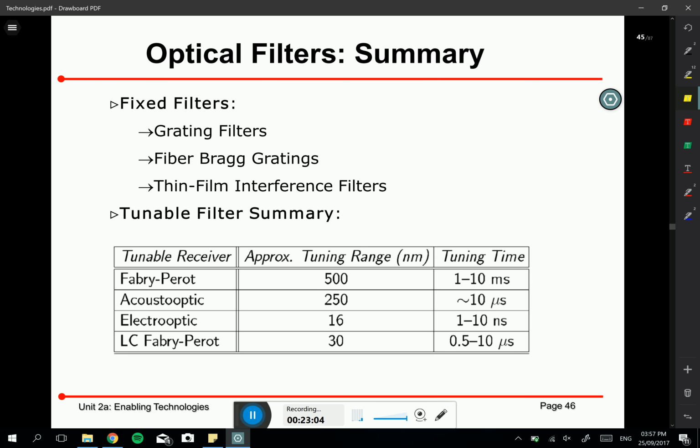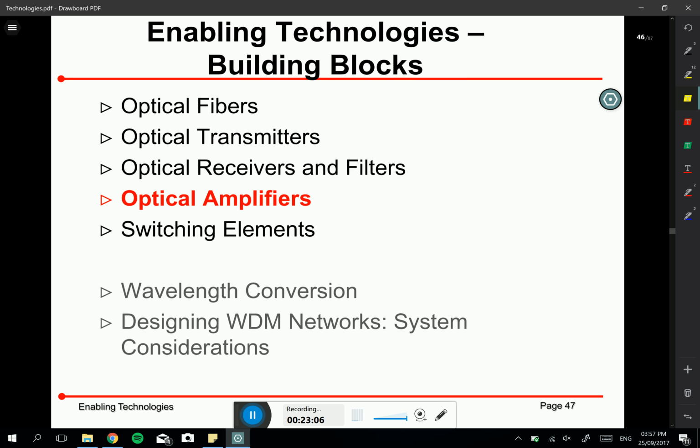Okay, questions on the filters? Very simple, high-level description.